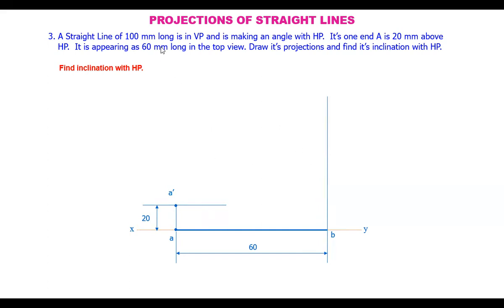In the front view, we can see the true length of the line. So from A dash with 100 mm radius, draw an arc which is intersecting this projector. This is B dash. So join A dash, B dash. That is the front view of the line. So this is the way of getting the inclination with HP. Measure this angle and that will be the angle with the horizontal plane.